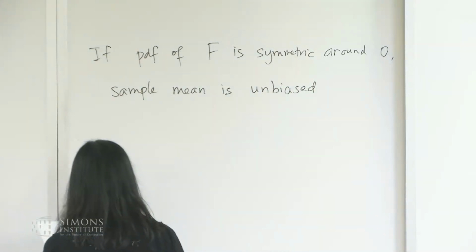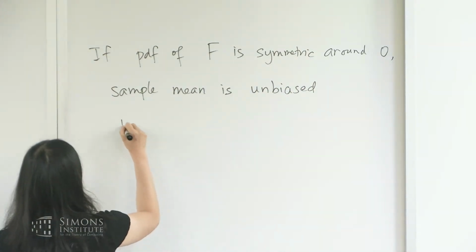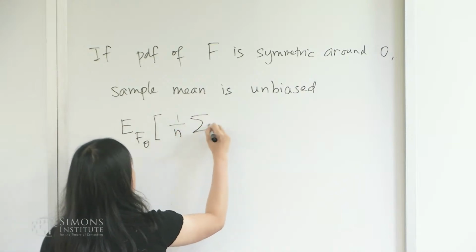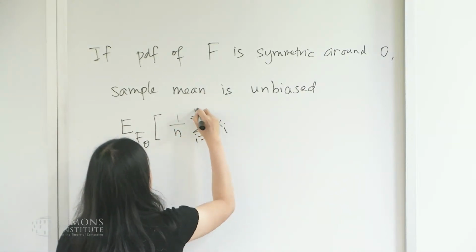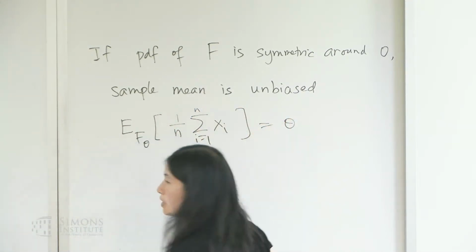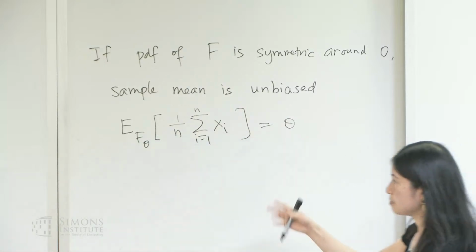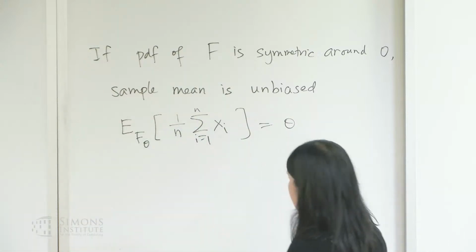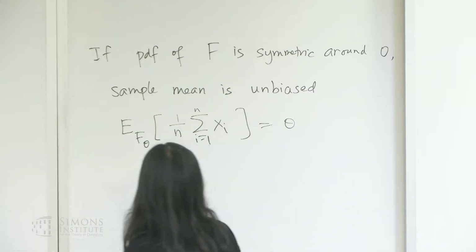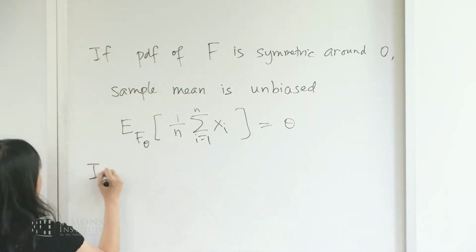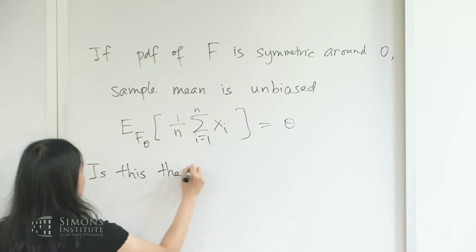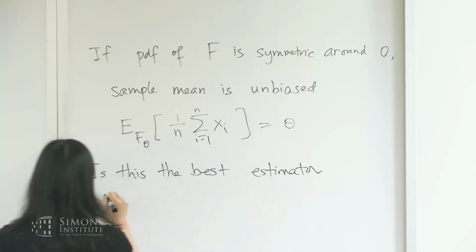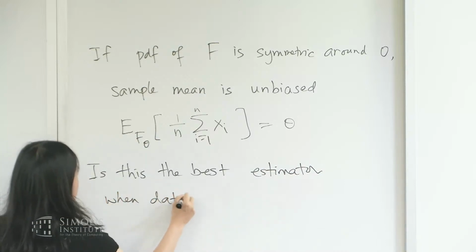If we look at the expectation under F_theta of 1 over n sum of x_i, i from 1 to n, then we get back theta. Because if it's a symmetric distribution around 0, then it's unbiased for 0, and if we shift it by theta, it's unbiased for theta. But the question is, is this the best estimator when the data are contaminated?